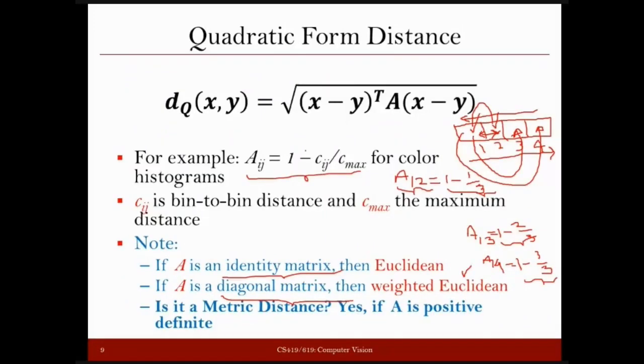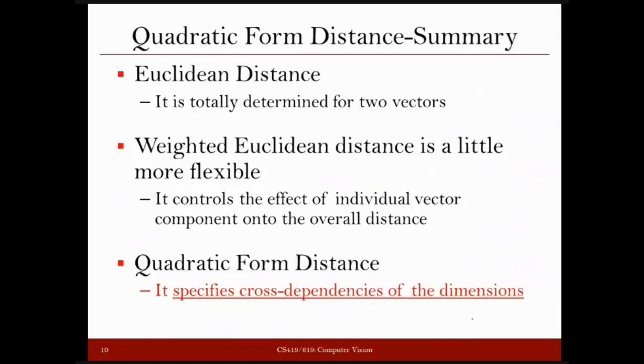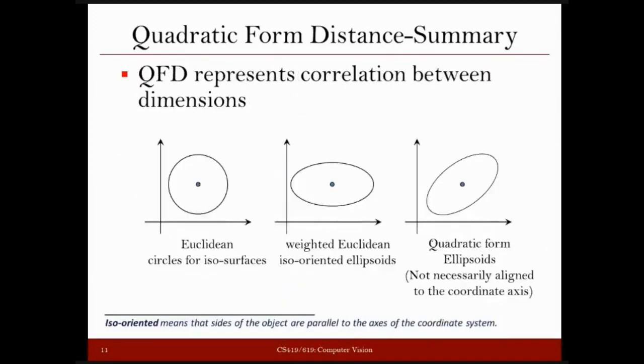Quadratic form distance will be a metric distance provided A is a positive definite matrix. So with the help of quadratic form distance, you can define the Euclidean distance, as we just saw here. You can also define the weighted Euclidean distance, which is a little more flexible compared to Euclidean distance. And then in general, the formula defines the quadratic form distance.